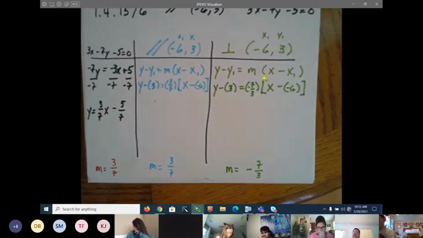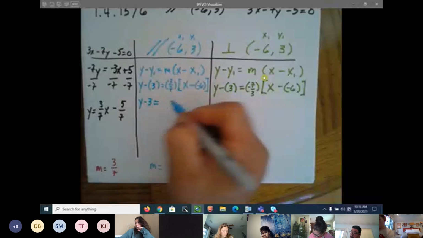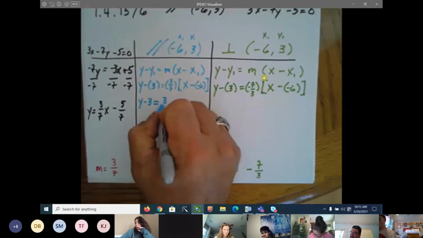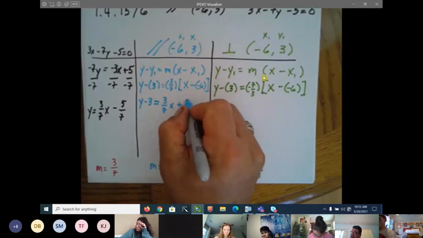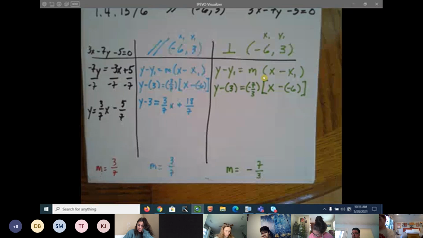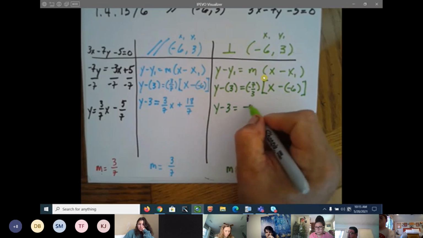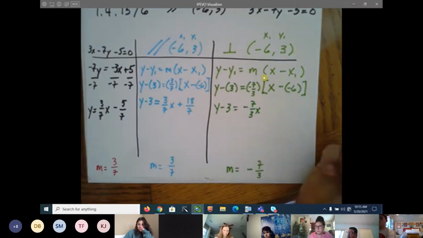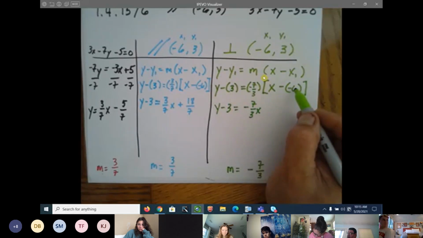And now you just solve for y. Three sevenths x plus 18 over 7. That's a plus, but that negative is going to make this negative 42 over 3.